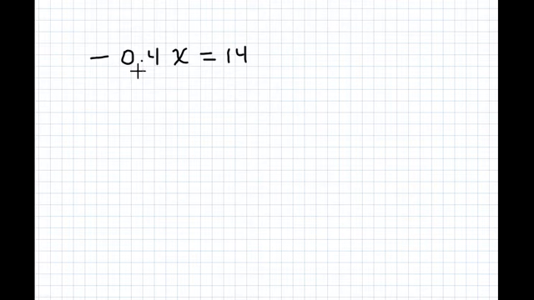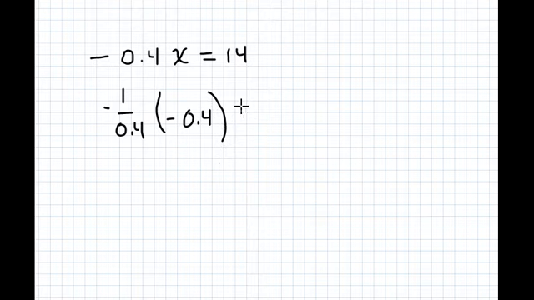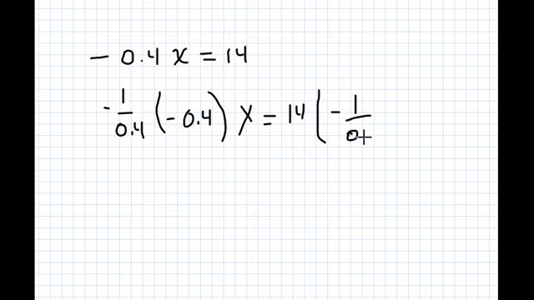Alright. We have negative 0.4 times x is equal to 14. So this time I'm going to multiply by negative 1 over 0.4, its reciprocal. So x is equal to 14 times negative 1 over 0.4.